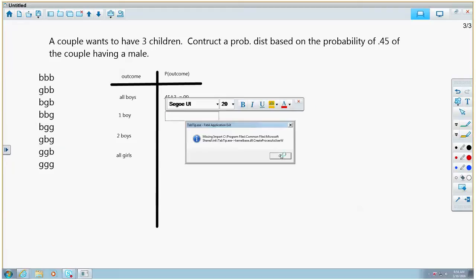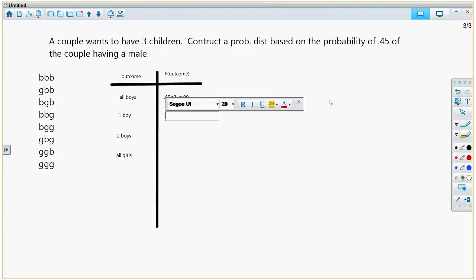All right, now with the one boy, before I do this, let's go to the handy dandy highlighter, and let's highlight this, and then go over here and find one boy. So where's one boy? There's one boy. There's one boy. And there's one boy. Everybody with me?